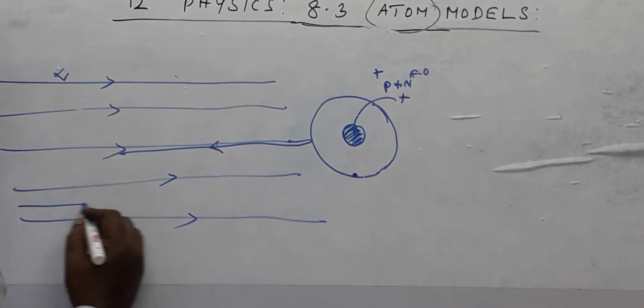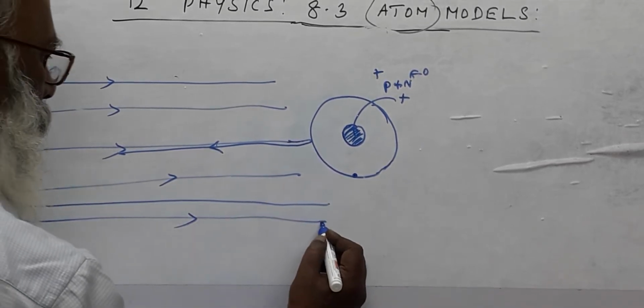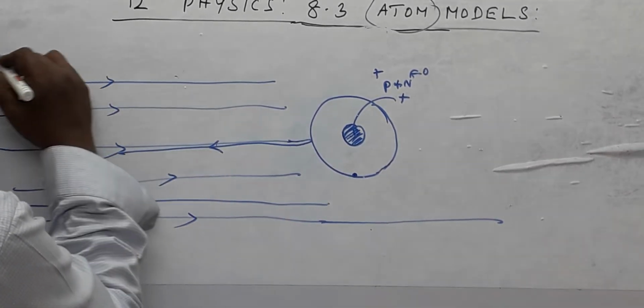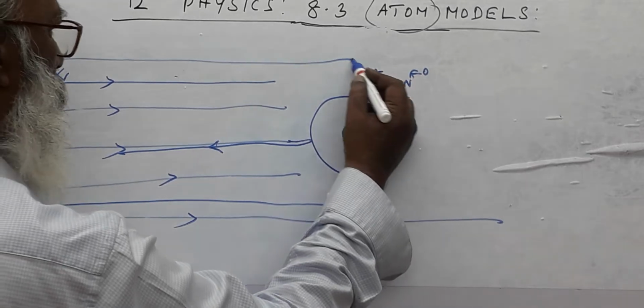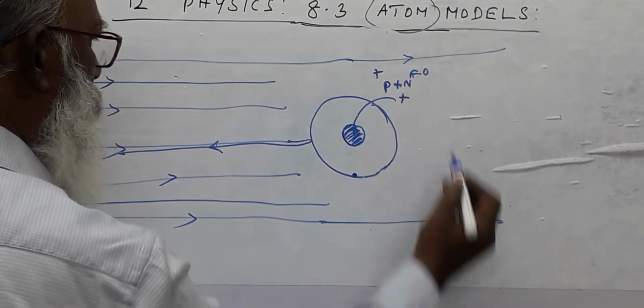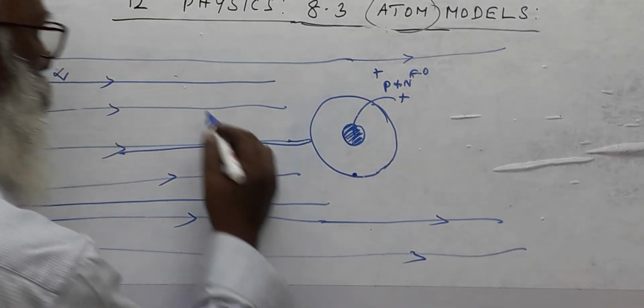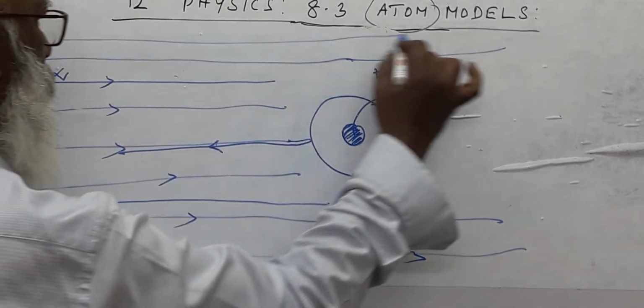Whereas if you consider a ray just away from this nucleus, it moves straight away. There is no deviation in the path.